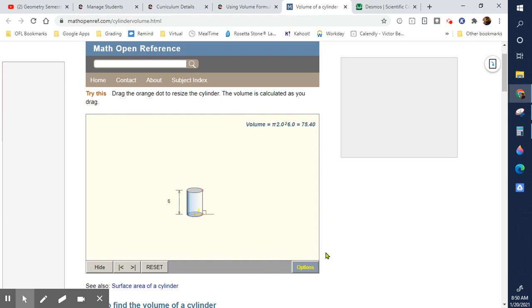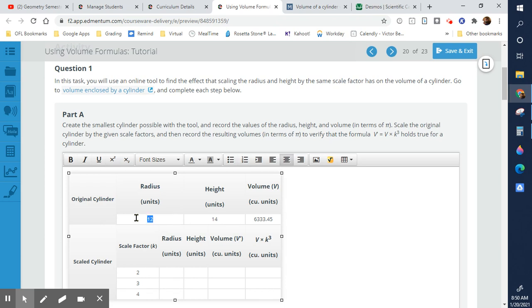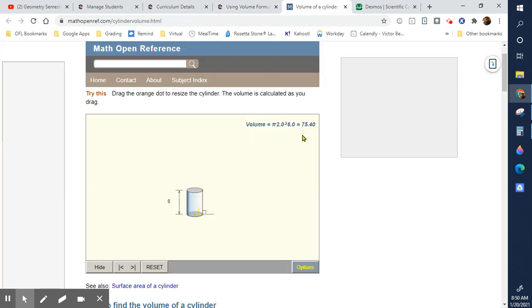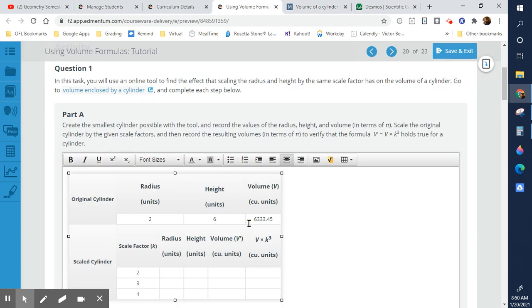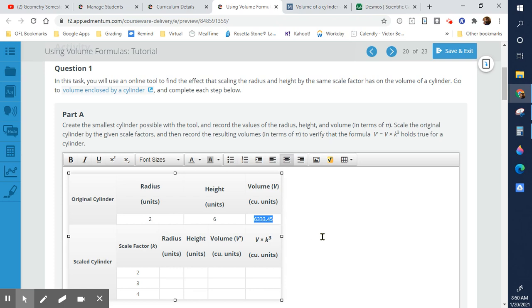And the smallest one we can make, it looks like, is 6 and 2. Let's see what the volume is. 74.4. Oh, that's a lot nicer to do.